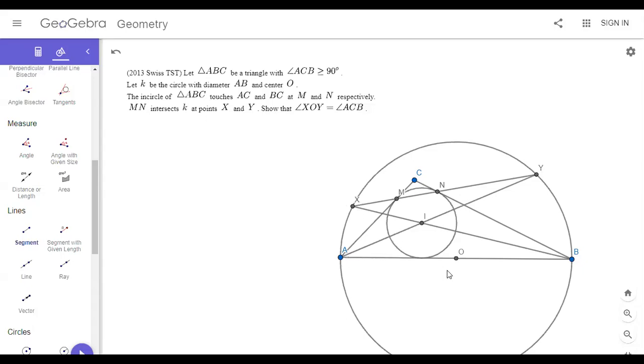Okay, so angle XOY. Yeah, because angle XOY is 180 minus AOX minus YOB, and AOX is half of XBA, and YOB is half of YAB, and so that should just be an angle chase.